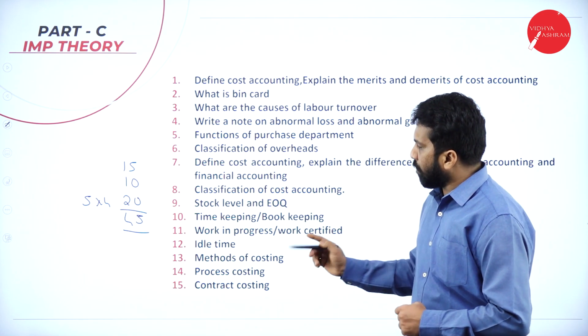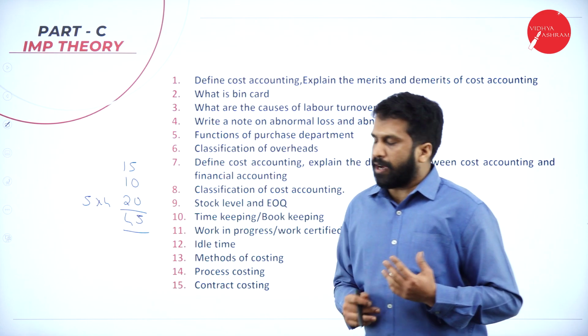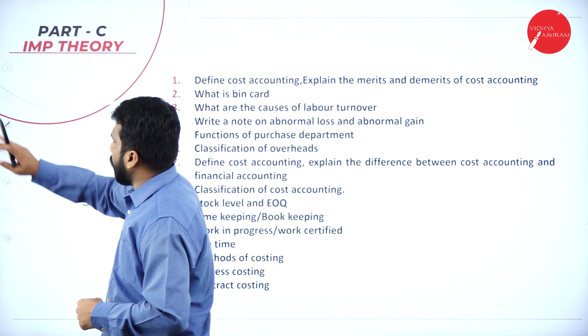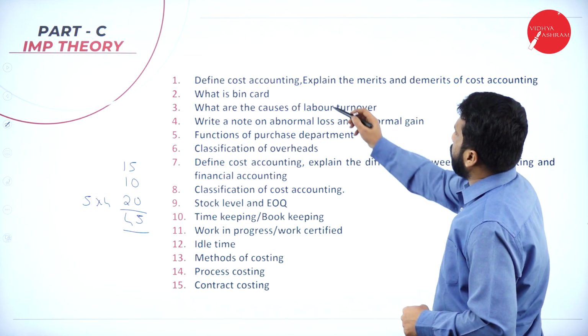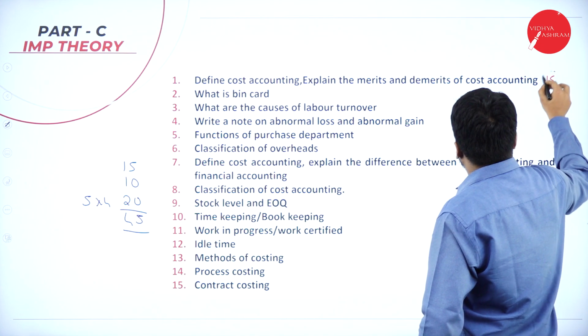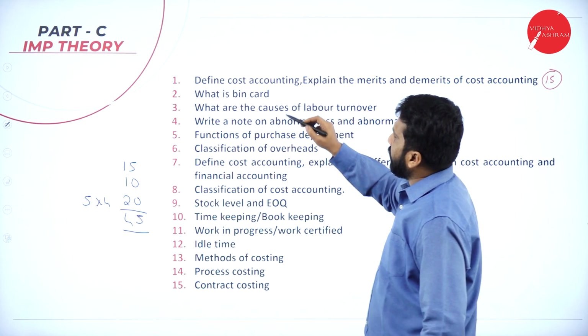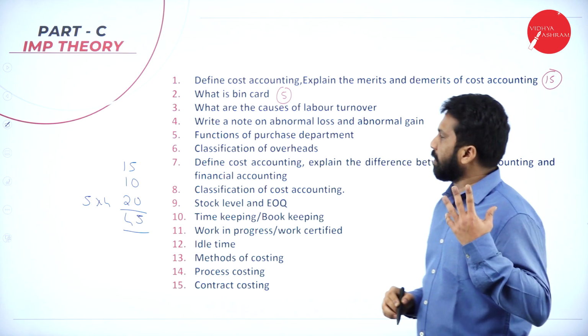Just 15 questions. What is the marks weightage? 45. Now I'll tell you how many marks for each and which are very important. Define cost accounting, explain the merits. This is a 15 mark one. What is bin card? 5. I'll tell you which are important at the end.